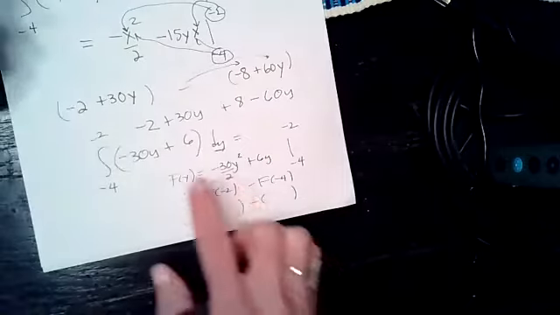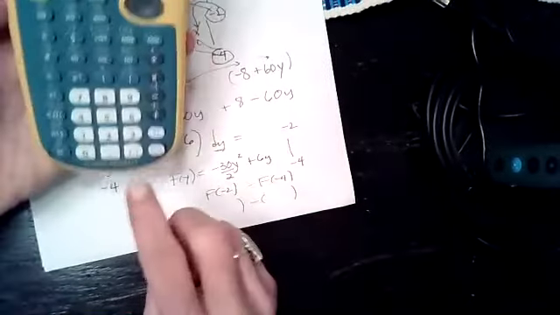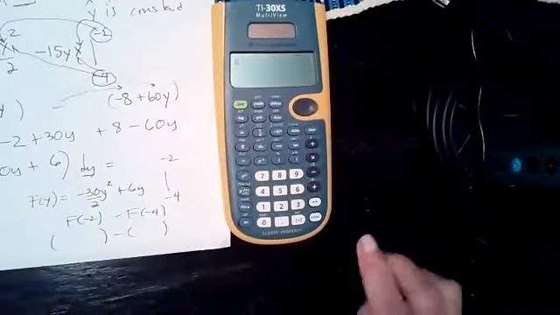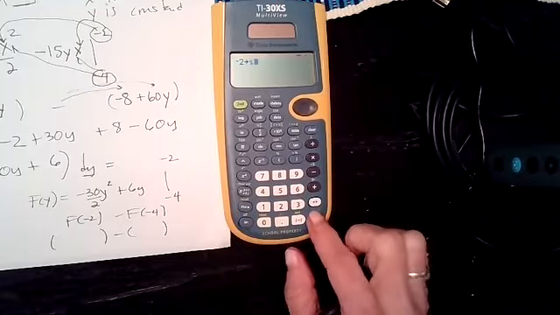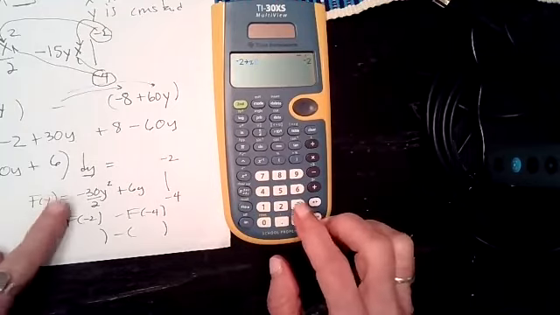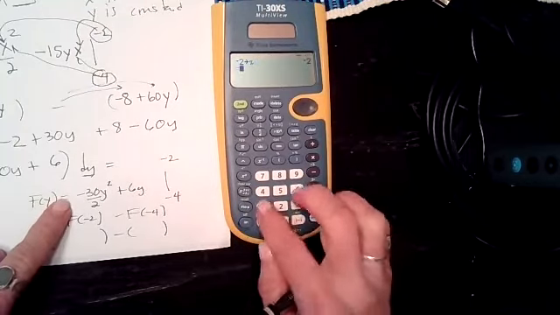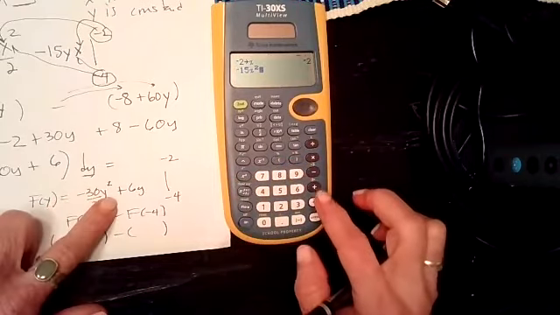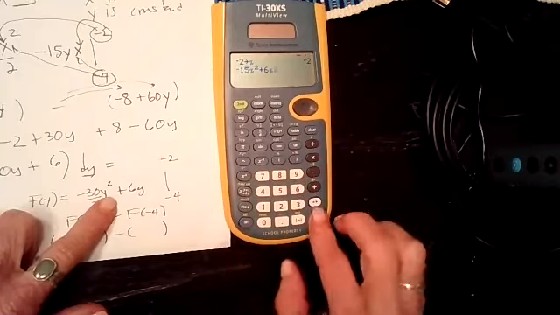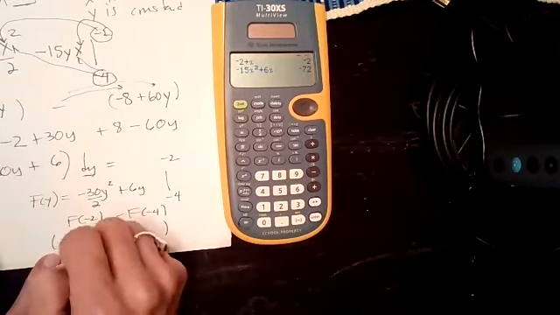And even though it's y, I'm plugging in for x. So -2, store for x and enter. And I'm doing -15y squared, or you can do it 15x squared plus 6x. And that gives me -72.